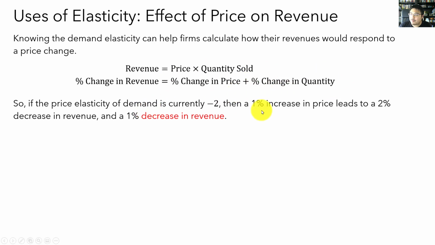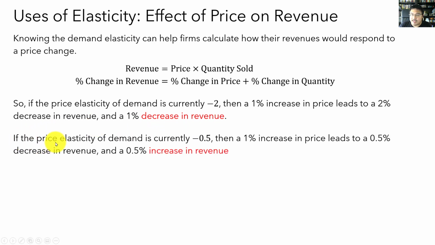And so that means a 1% increase in price is going to lead to a 1% decrease in revenue for this firm. But now let's suppose there's another firm that's facing a price elasticity of demand which is -0.5. And what that means is that a 1% increase in price for this firm is only going to lead to a 0.5% decrease in quantity.